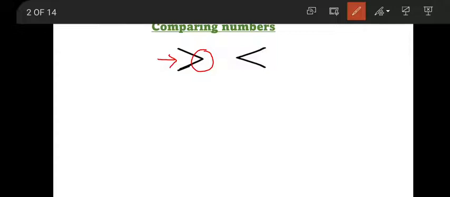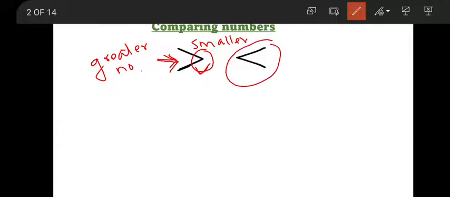The face side will contain the greater number and the tail side will contain the smaller number. In the same way, for this sign, face side greater number and tail side smaller number.